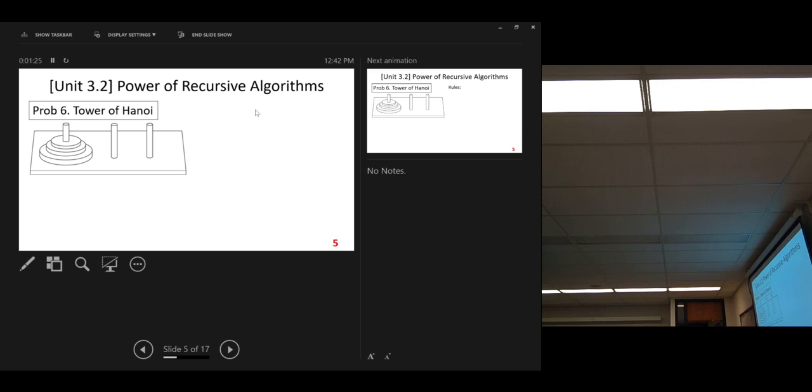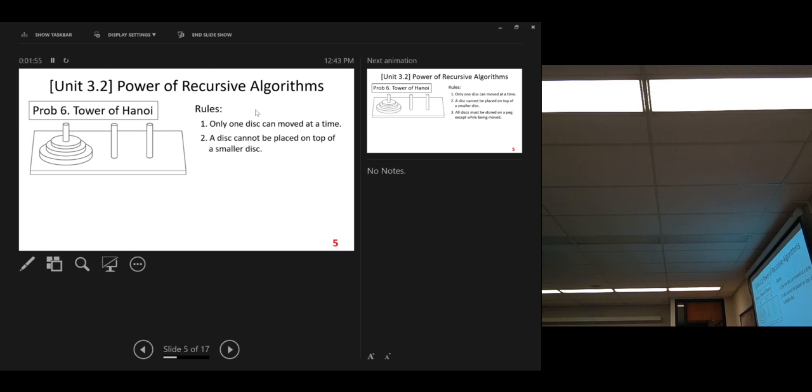So we are given 3 disks. The problem size is 3, so it's not very hard. After several tries, you can do it. The rules: number 1, only 1 disk can be moved at a time. Number 2, a disk cannot be placed on top of a smaller disk.